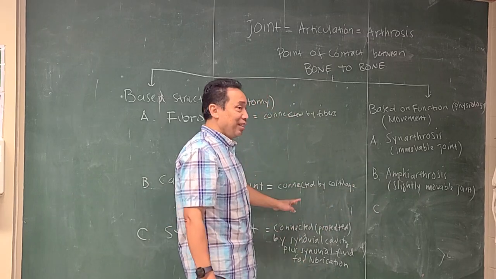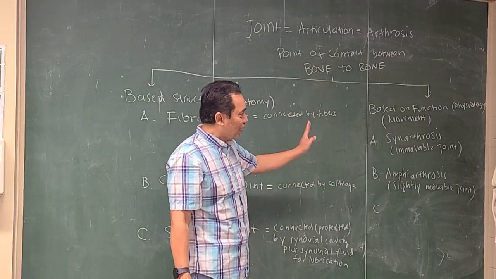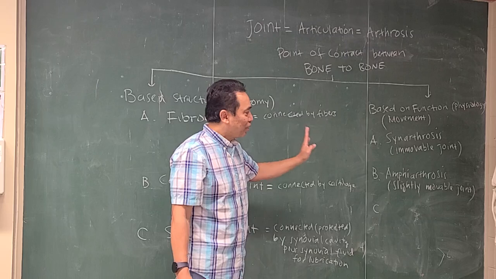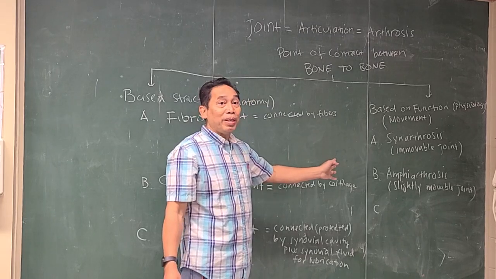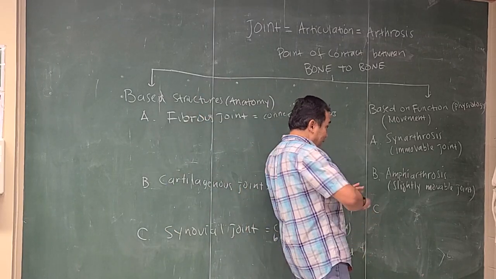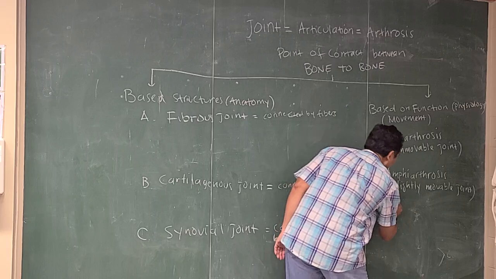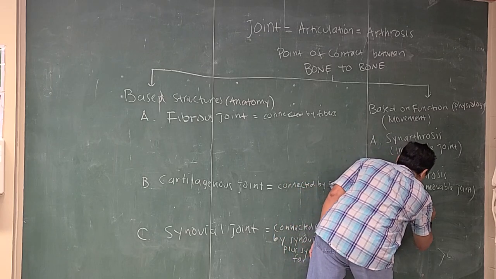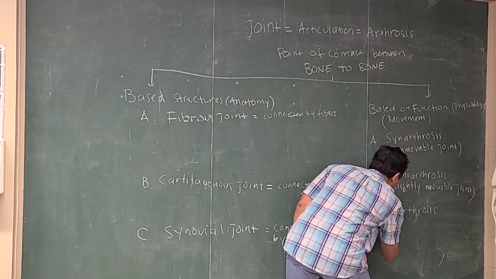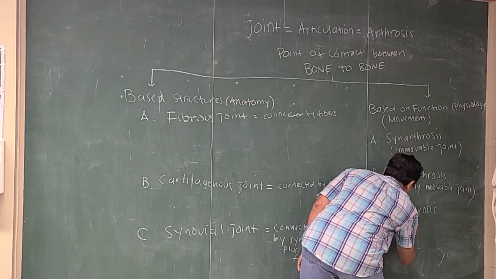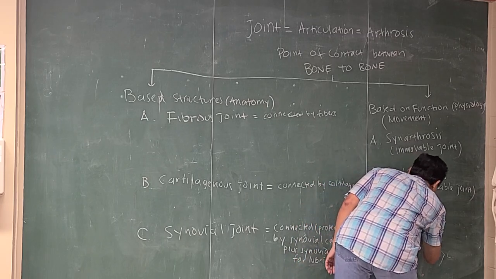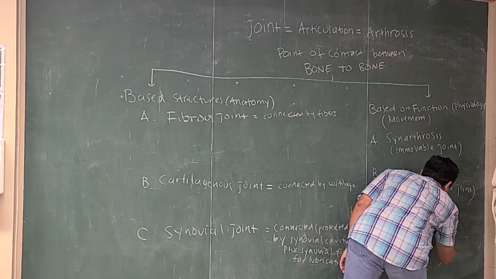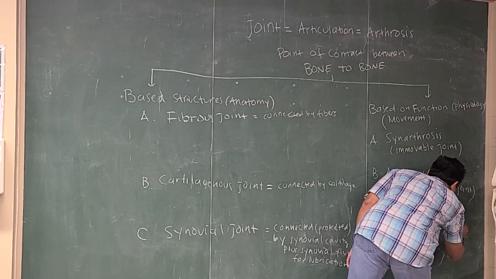And the last one, of course, you have immovable, you have slightly, and the last one is freely movable. It's called diarthrosis. It means freely movable joint.